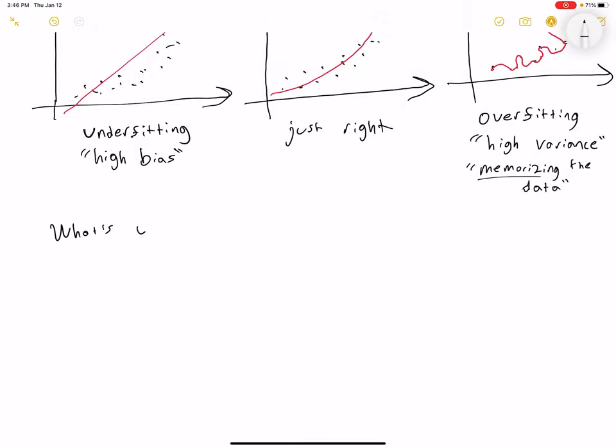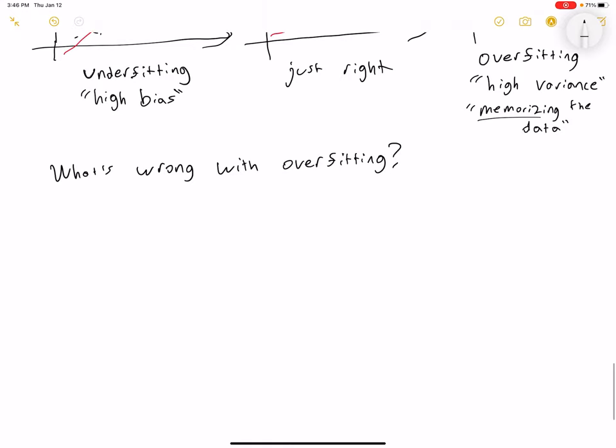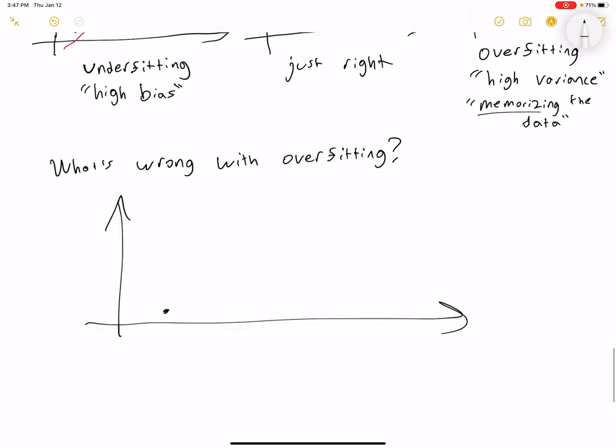So, what's wrong with overfitting? Let's zoom in to our overfitted data, and let's do a simpler version where we look at a linear relationship.